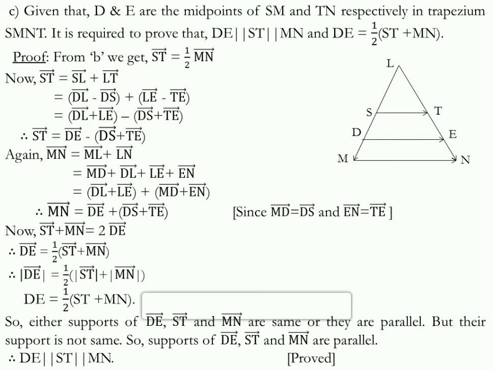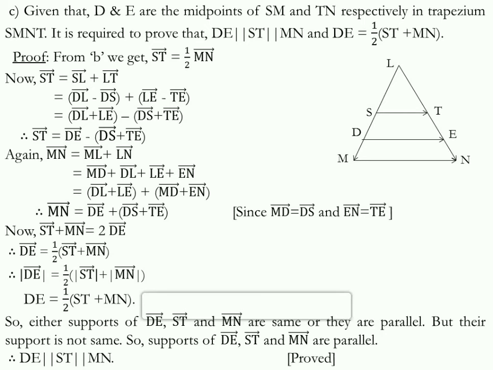Now look, if D is the midpoint of MS, then MD and DS are equal in vector form, and E is the midpoint of TN, so instead of EN we can write TE in vector form. So instead of MD plus EN we can write DS plus TE. So MN equals DE plus (DS plus TE).